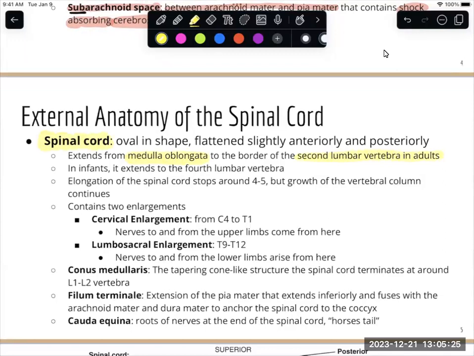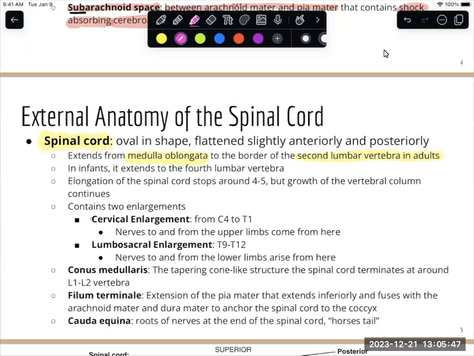Test question. In infants, it extends longer, but as we grow taller, it's going to move up. We've got 2 different enlargements within our spinal cord, and these enlargements are areas where nerves are going to come out for the legs and the arms.